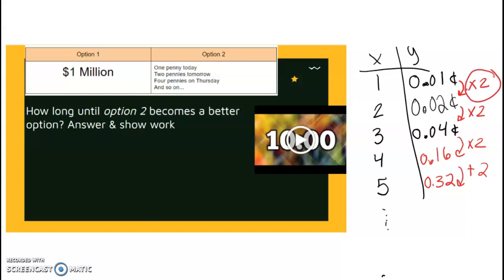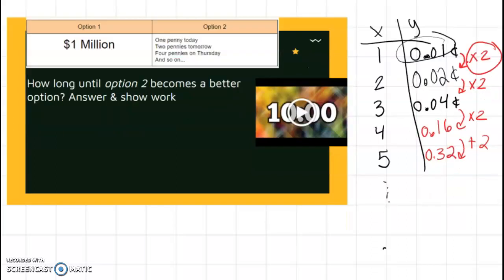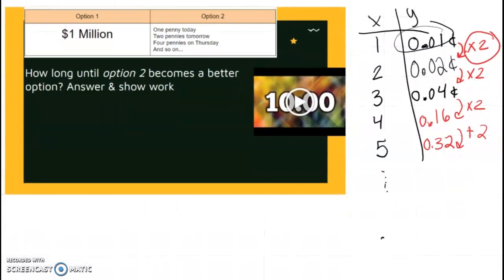What I originally start with is 1 cent, because today I give you 1 penny. So if I was going to write an equation or a function, I would have f of x equals, remember, f of x is just y.